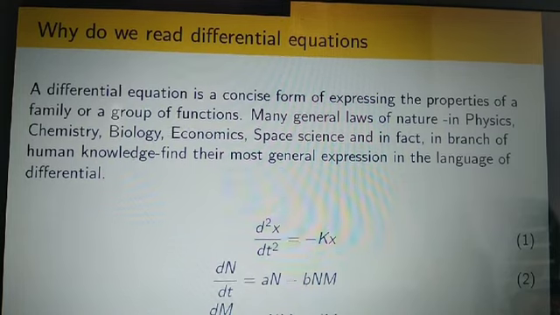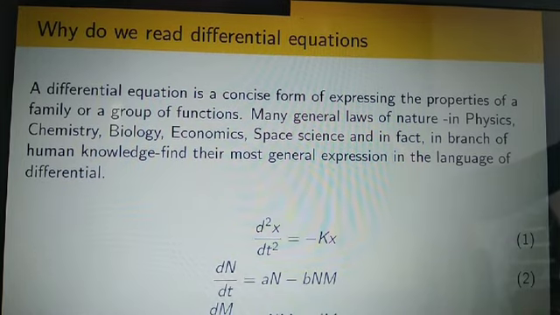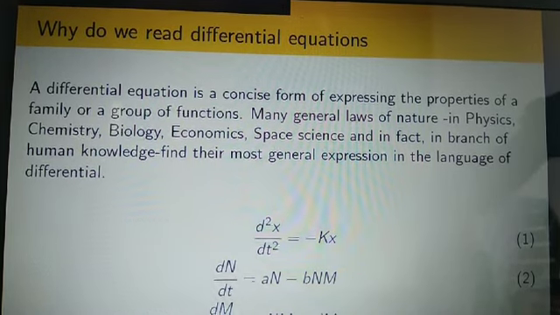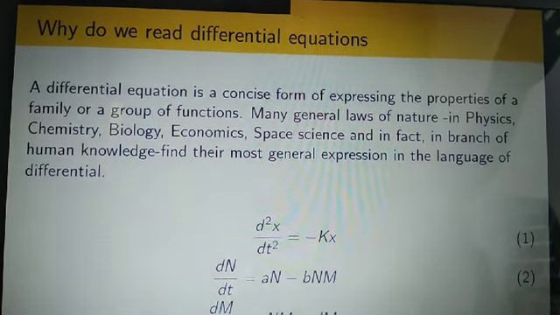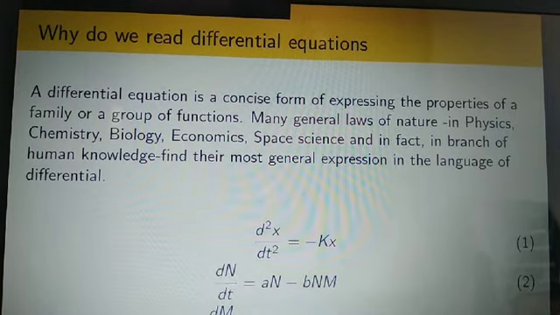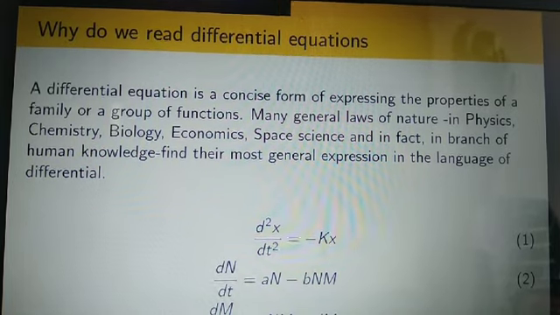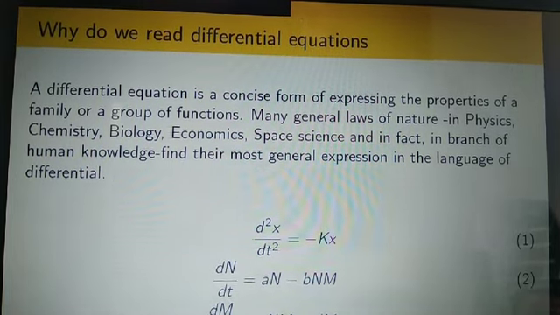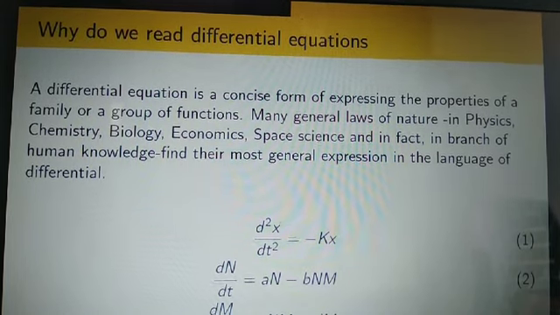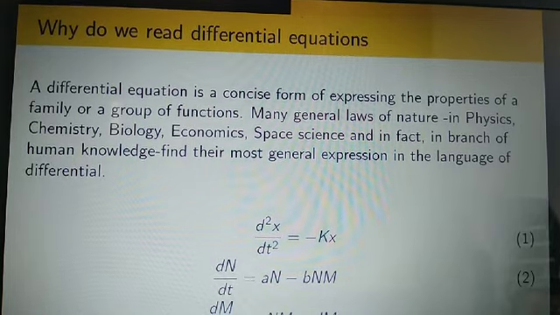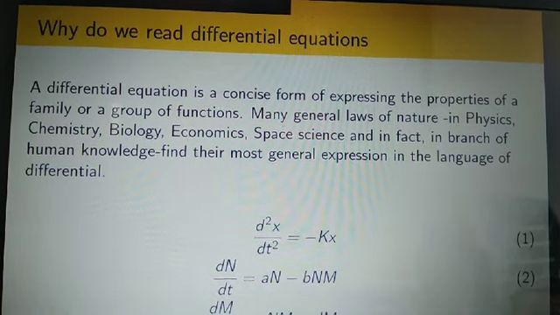That means dN/dt, the rate of change of the deer population, equals aN, that means it is increasing, a is positive, and bNM, that means the interaction between the deer and the tiger. When a tiger eats a deer, it is denoted by NM. Then dM/dt is the rate of change of the tiger population.